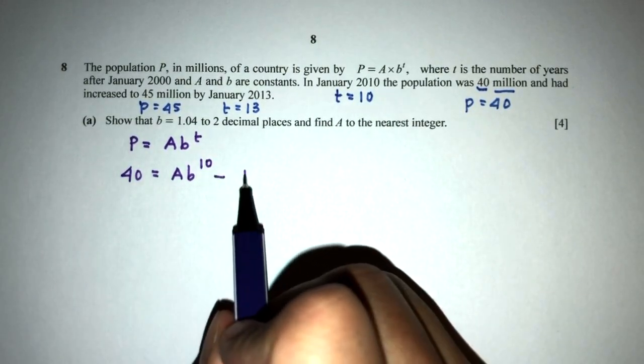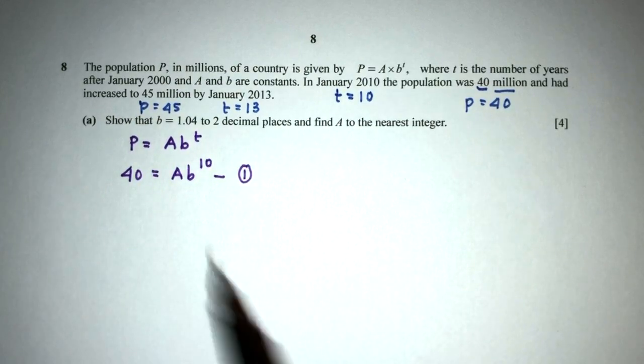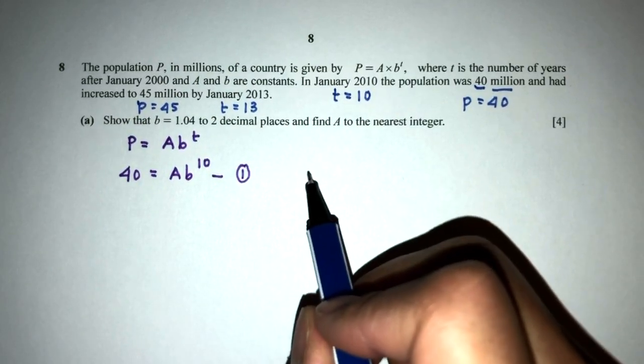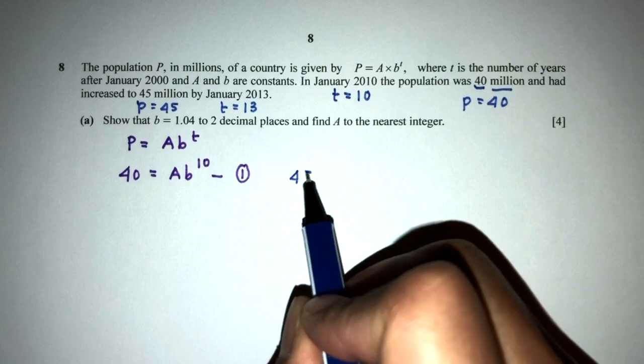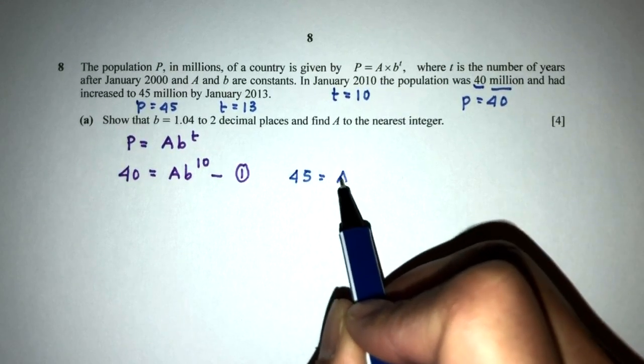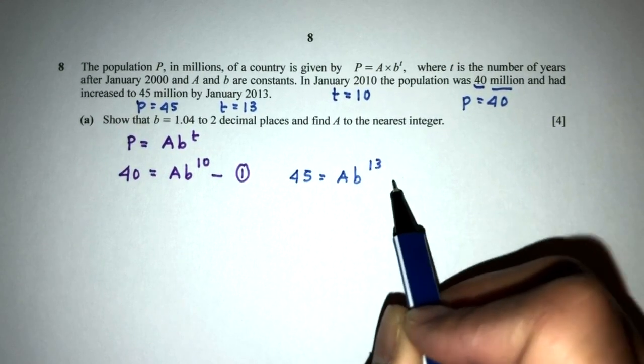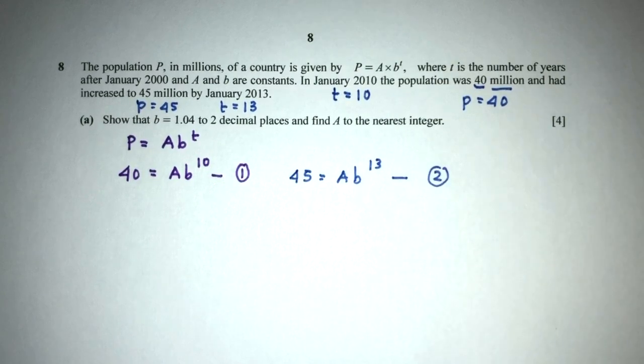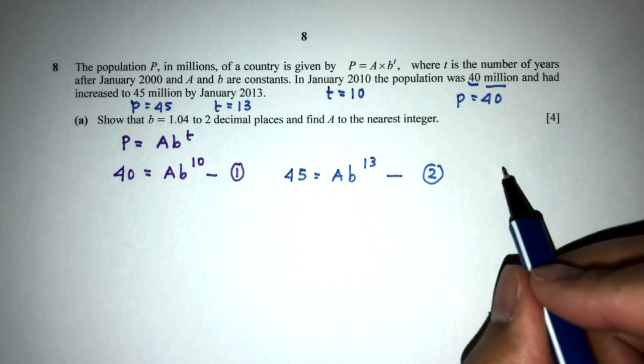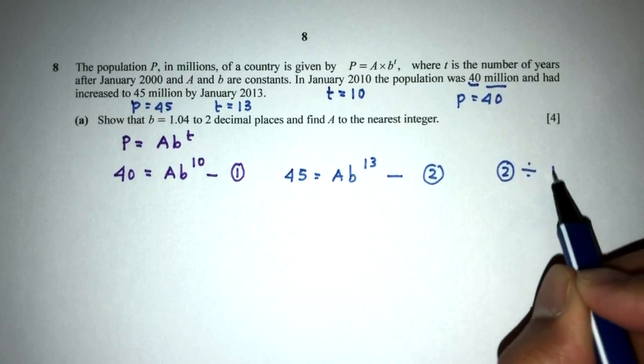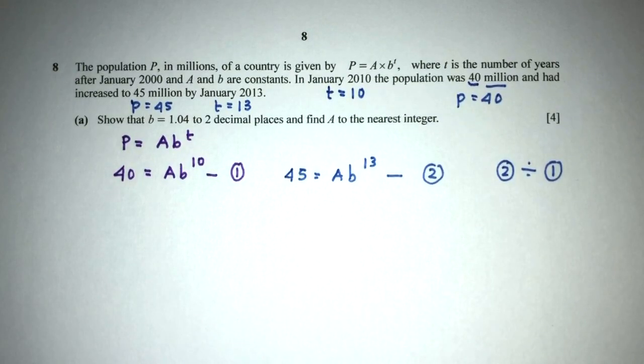That is my equation number one. Next, we have P was 45 when the value of T was 13. That is my equation number two. So now all we can do is take number 2 divided by number 1, right? Or you can solve simultaneously as well. It is the same thing.